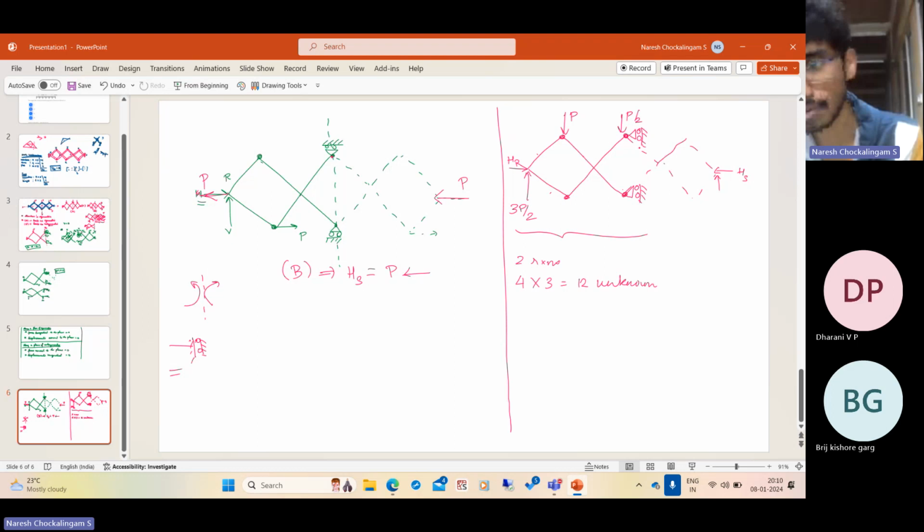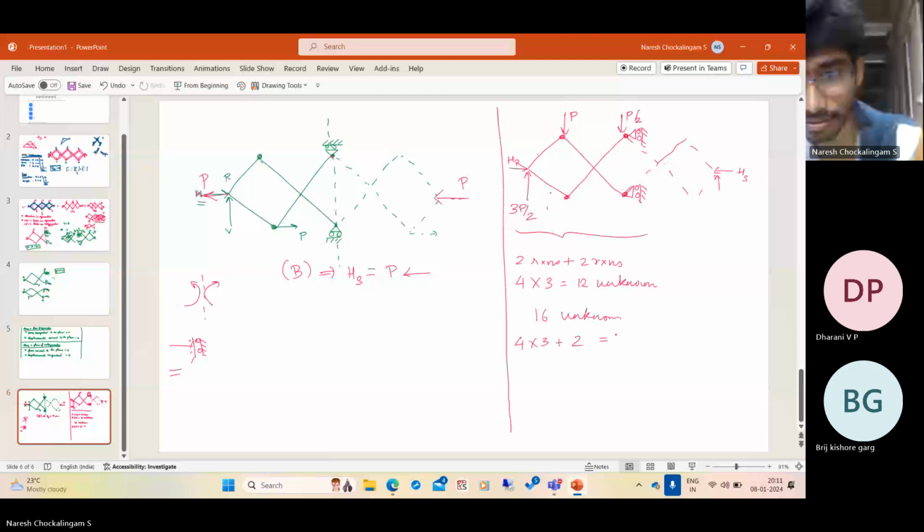So you have 16 unknowns, and the number of equations is 1, 2, 3, 4, 4 into 3 plus you have two internal hinges. Wait, something is wrong. So you have 16 unknowns and 14 equations.